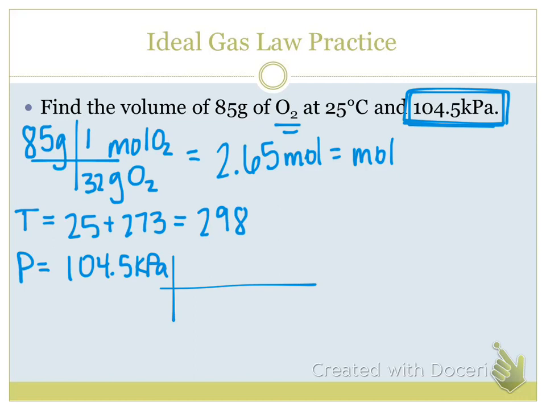And what's my conversion factor between atmospheres and kilopascals? Good. 101.325. Is everyone seeing where we got that number at? Hopefully you wrote that down on your equation sheet or somewhere around there.